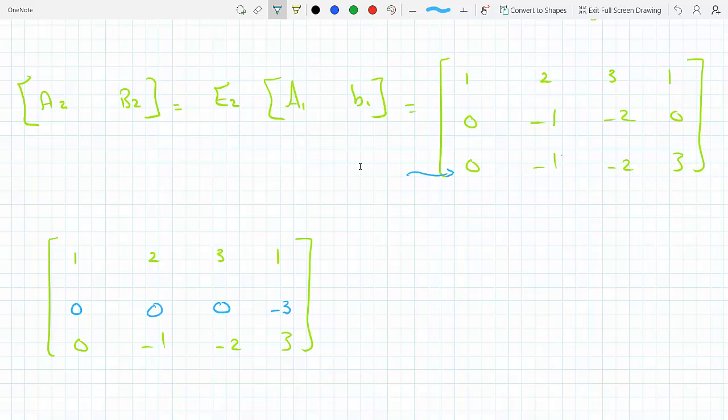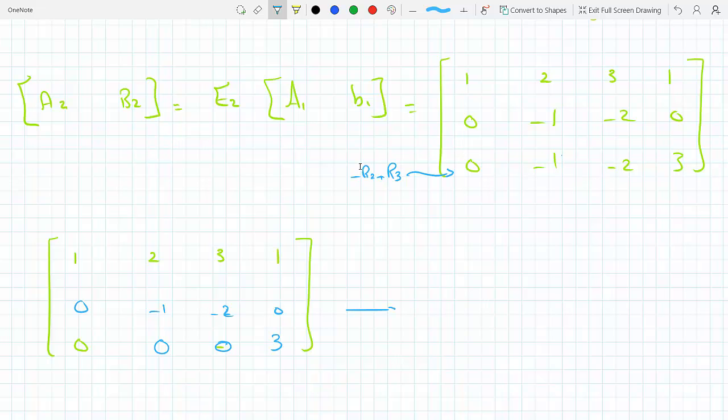Yeah, this will be minus row 2 plus row 1 plus row 3, and so I'm supposed to change the third row. So this stays the same, minus 1 minus 2 0, and here I will get 0, I will get 0, I will get minus 2 minus 2, I will get 0, and here I will get 3.